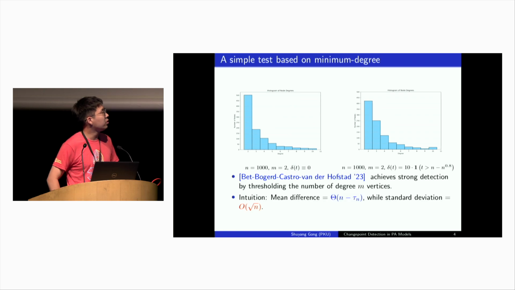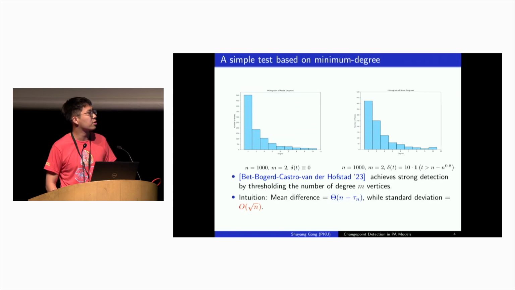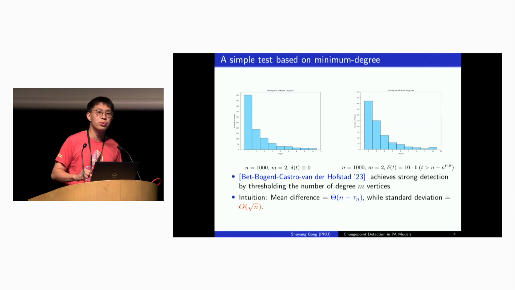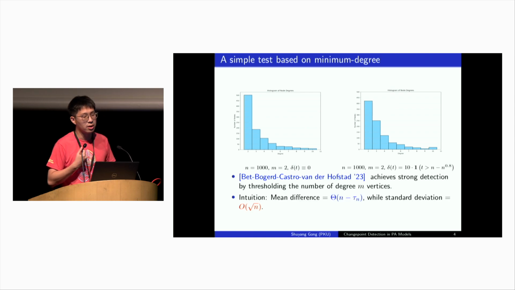The high-level intuition is as follows. In this model, there is a constant fraction of vertices with degree m. And after the change point, the evolution rule changes by a constant fraction. Combining the two points, you are going to see a macroscopic change in this model.